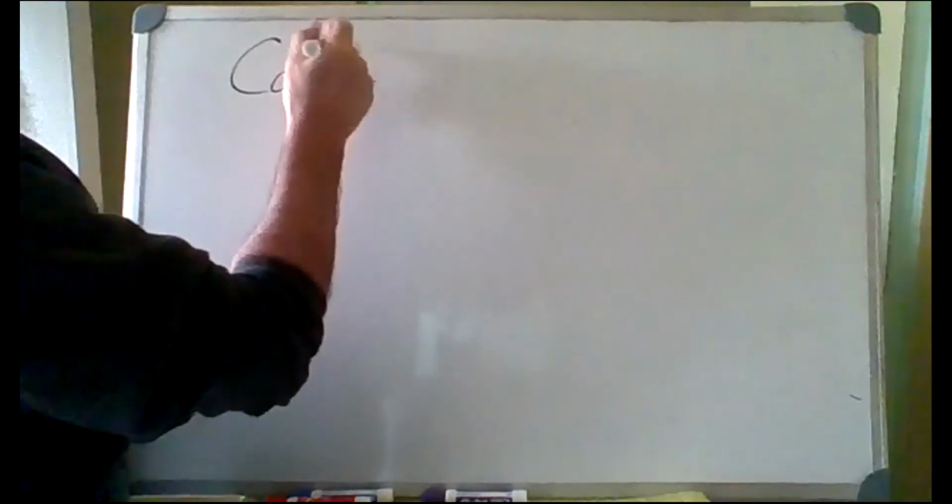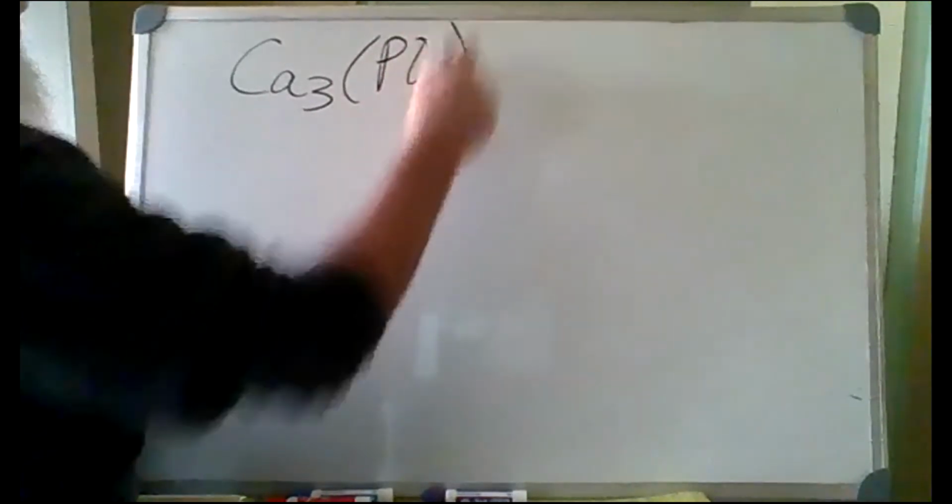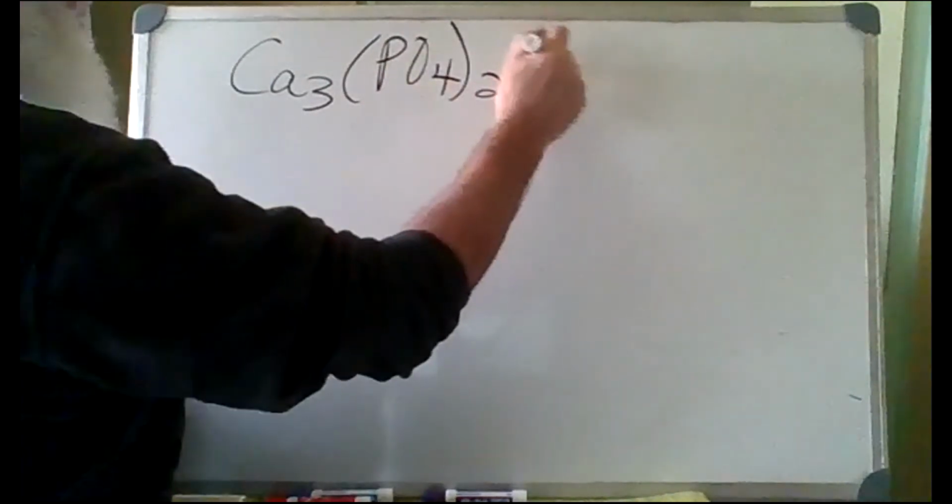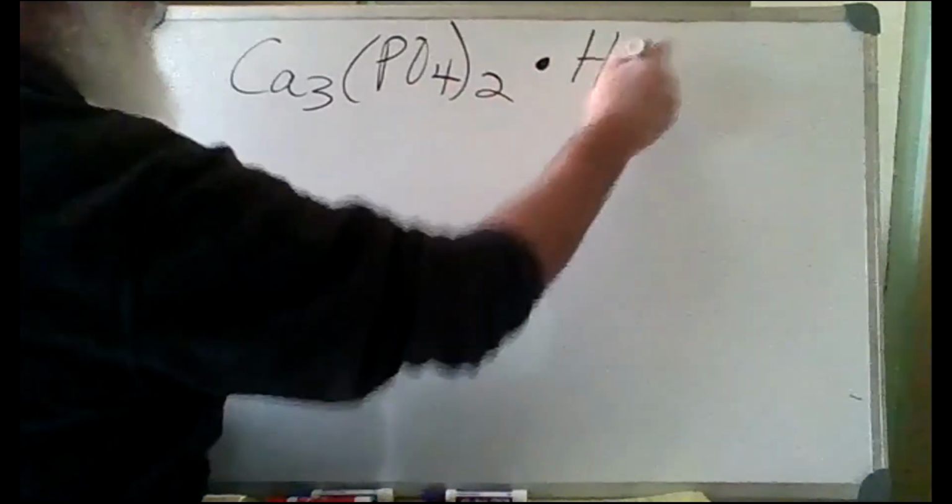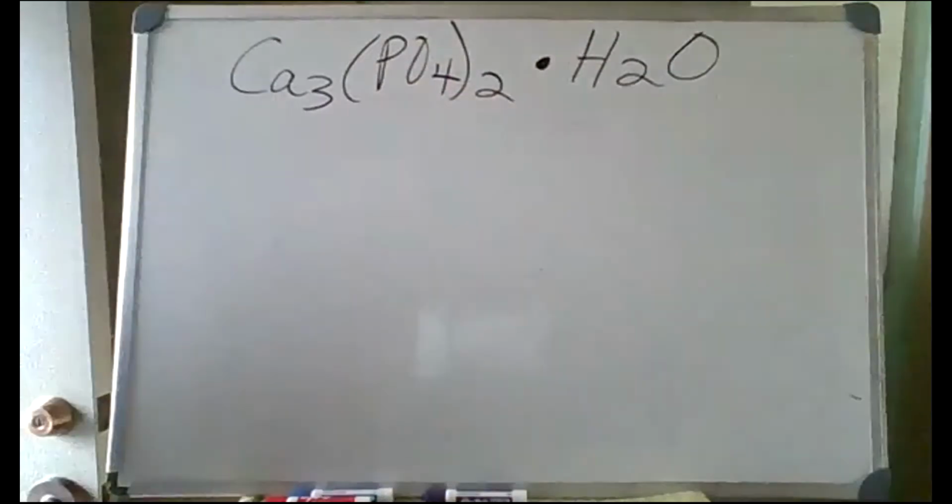This is one that quite often people will leave out. Let's start with the name this time. Now we'll start with the formula. I want to illustrate a point here with this one.